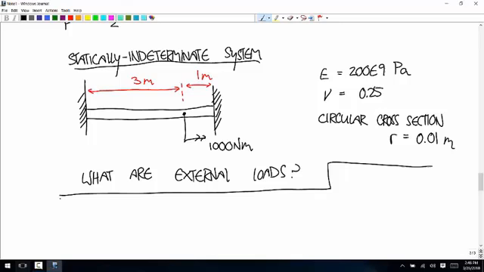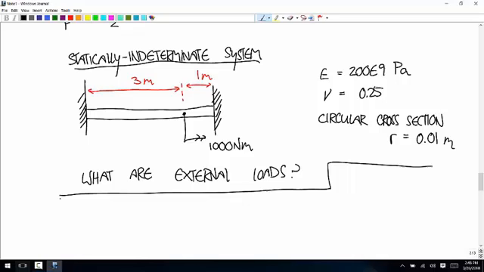Intuitively, do you have a sense of which of these two torques is going to have a bigger absolute value? Yeah, this one's going to have a bigger absolute value because it's closer to the load. And so we're going to first use statics to get that first equation that's going to tell us this plus this is equal and opposite to this.